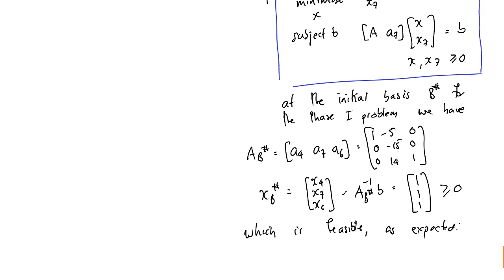They both involve creating a different linear program to solve, which turns out to be approximately as much work as solving the original linear program itself. We find an initial basis by solving a linear program, and then use that initial basis to solve our original LP. This is why we talk about phase 1 and phase 2 problems: the first, finding the basis, is phase 1, and the second, solving the original LP, is phase 2.